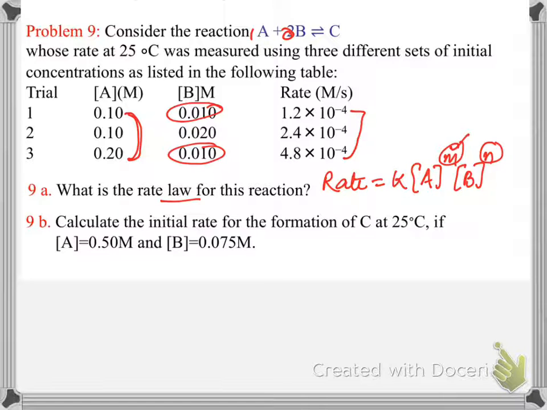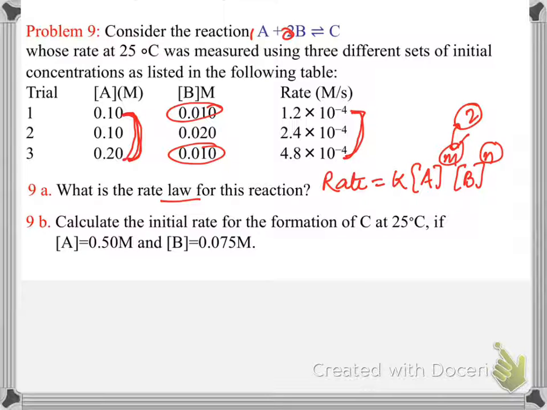What is happening to the rate? It is getting 4 times. What does that mean? That means the rate of a reaction with respect to A is second order. That means M is 2. Because if I double the concentration of A, the rate becomes 4 times. That happens in the second order reaction.